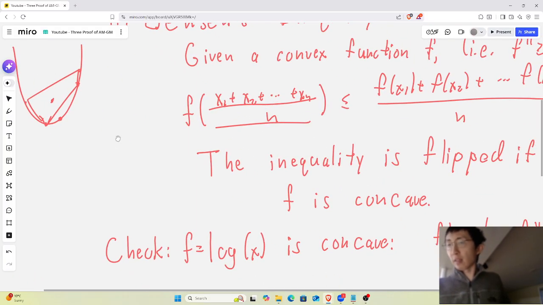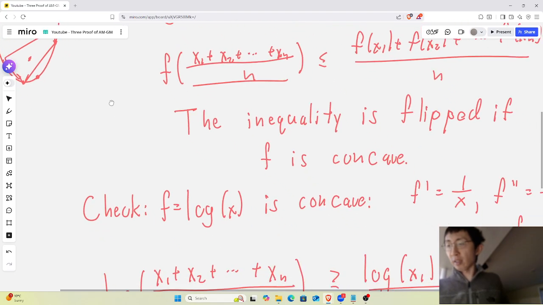And you can draw a similar picture when f is concave.